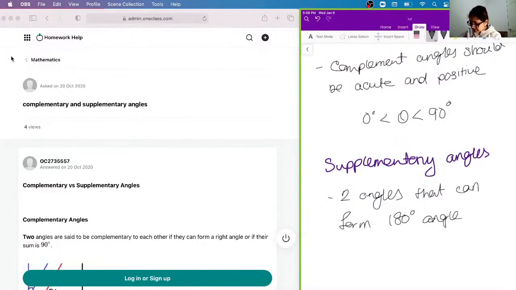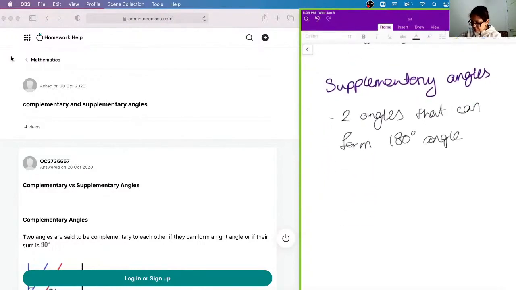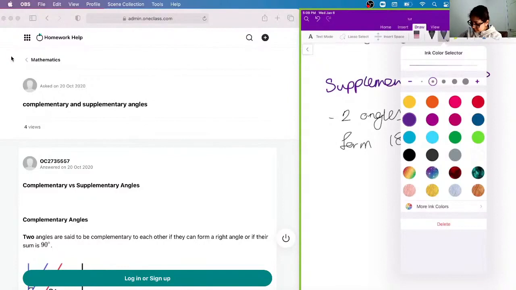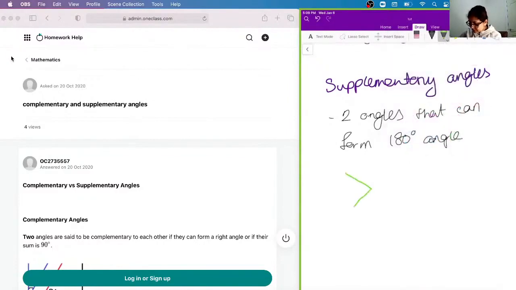Let's say you have an angle, this is alpha, and you have an obtuse angle, this is theta.